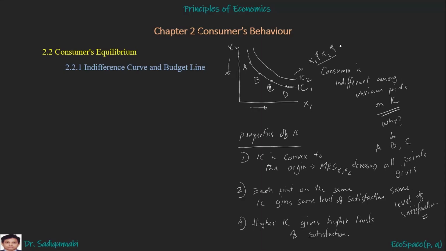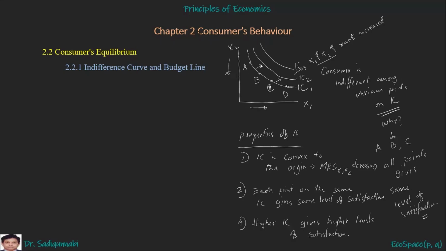That means your rank increased. So if we shift the IC curve higher, there is a higher level of satisfaction. Okay, if we add another IC, that means you are adding a third rank, IC3.